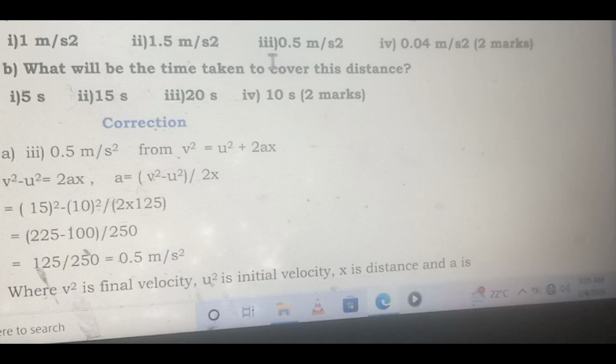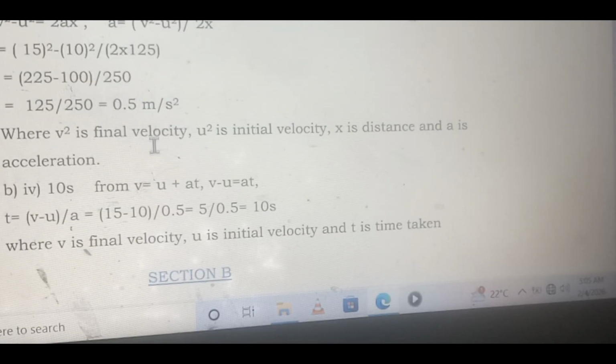That is why option 3 is correct. And don't forget to add the SI unit, meters per second squared, as the SI unit of acceleration. V squared is final velocity, u squared is initial velocity, x is distance, a is acceleration.